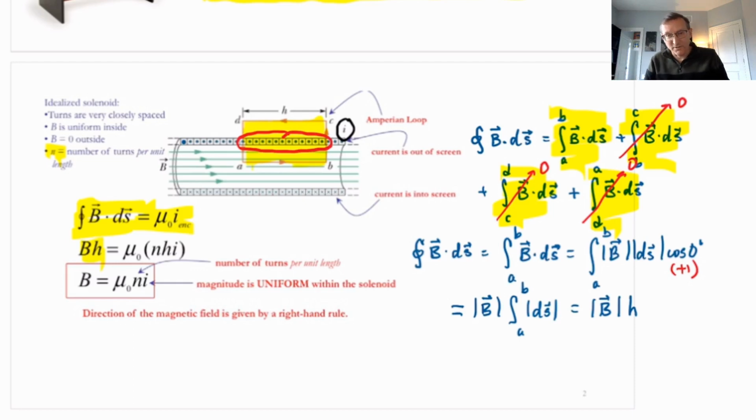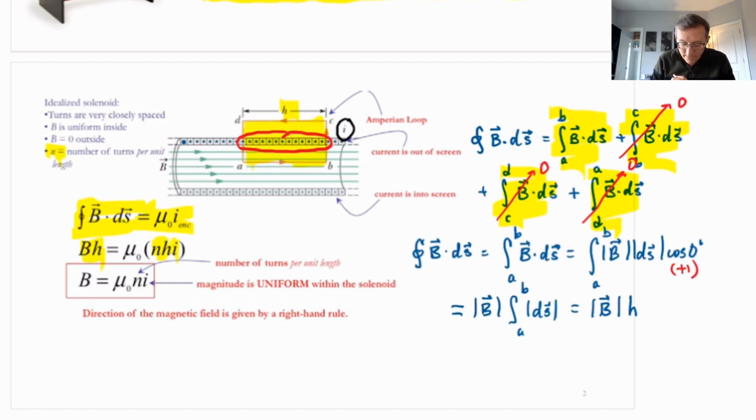So if there are little n turns per unit length this way, then all I need to know is how long the Amperian loop is this way. Well, that length is h. So the total number of windings inside the loop is little n times h. And I multiply that by the current I in each winding. And so little n times h times I is the total current enclosed.